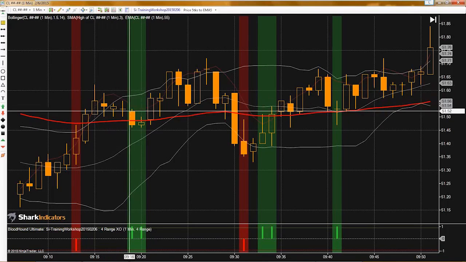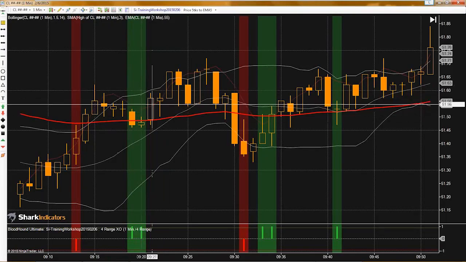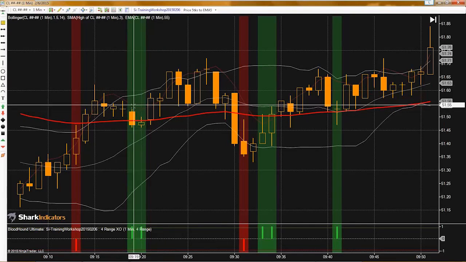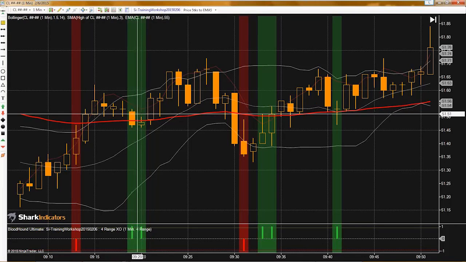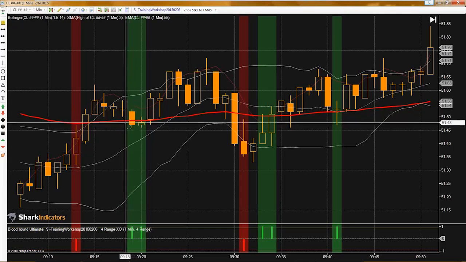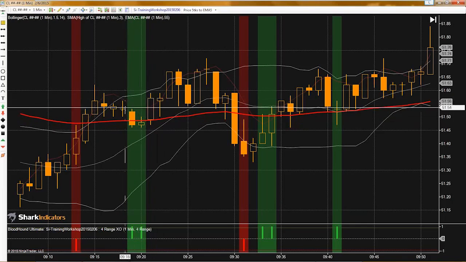So if price is coming down for a bounce up for a long trade, generally I don't think it's that practical to use the high price of the bar, right? We're probably more interested in looking at either the closing price or the low of the bar for long bounces.